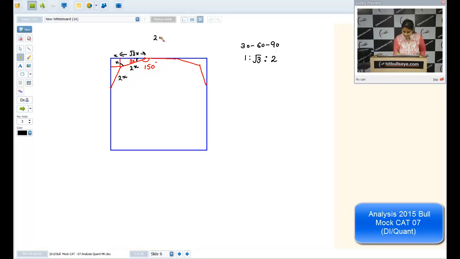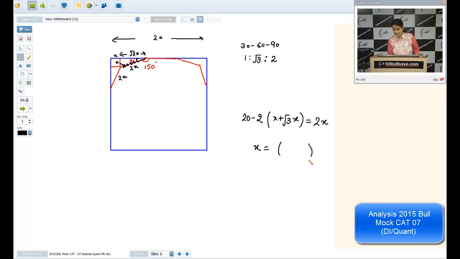So the total length was 20. So the dodecagon side length will become 20 minus twice of (x plus √3x), since we are taking on either side, and that should be equal to the side length, that is 2x. Now you can get the value of x from here.